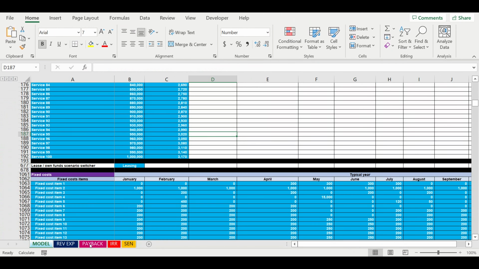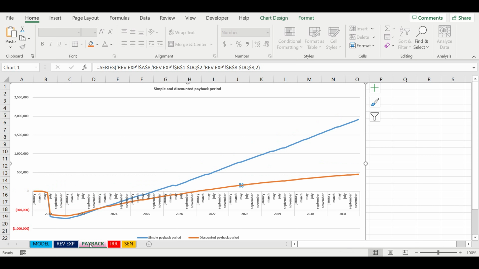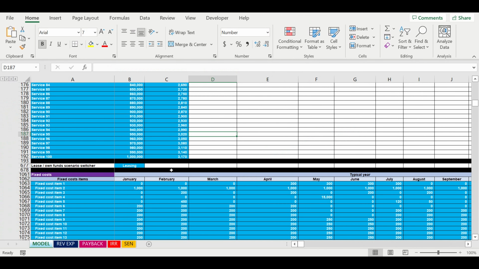We can also change this value and see what will be the payback period, simple, discounted, if we use another type of financing, for example, when we don't take so much money from our pocket. So we can quickly adjust this scenario to see what will be the payback period and other financial efficiency parameters if we use own funds or leasing scheme, leasing scenario.